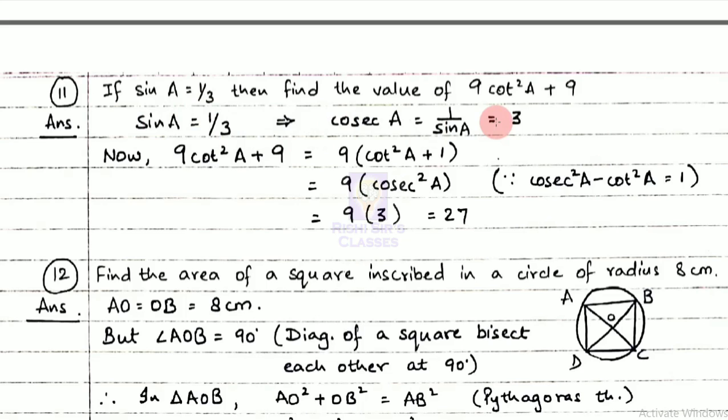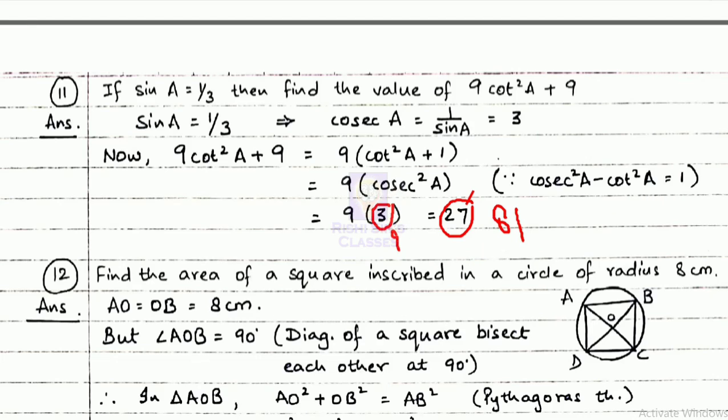We also know cosec square a minus cot square a equals 1, so we can replace cot square a with cosec square a minus 1. It will become 9 cosec square a, and cosec a is 3. The answer will be 81 over here, not 27, because cosec a is 3, so cosec square a will be 9.